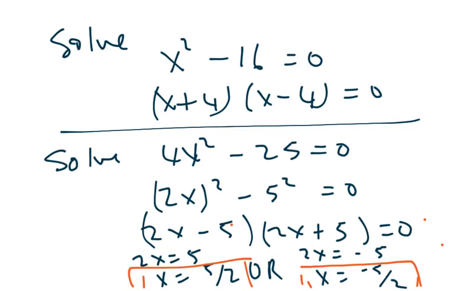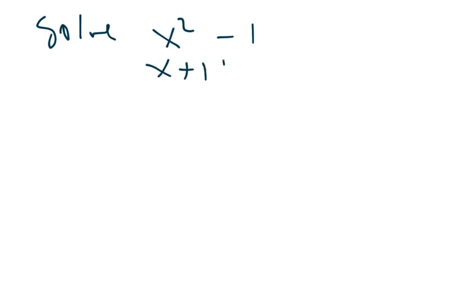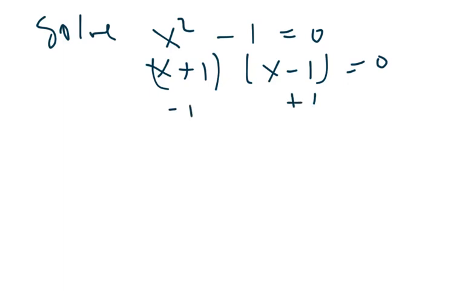A couple of more special ones you need to keep your eye out for would be things like this. Solve x squared minus 1. Well, that's going to be x plus 1 times x minus 1. And that means x equals minus 1 and x equals plus 1.